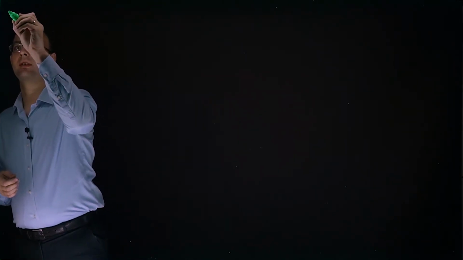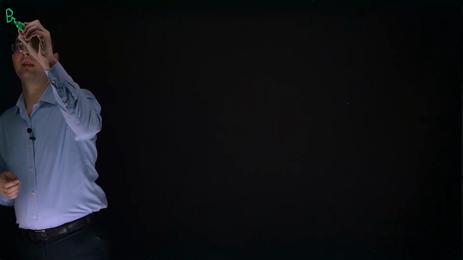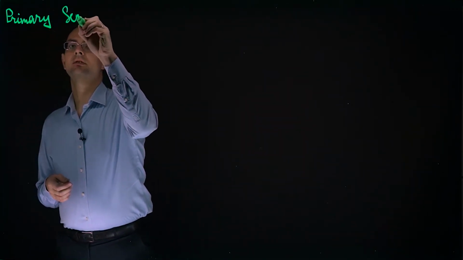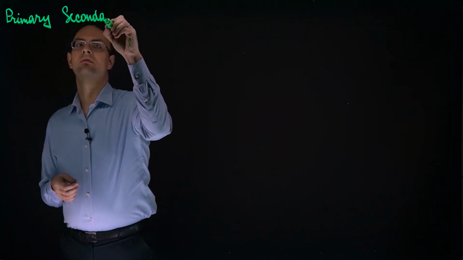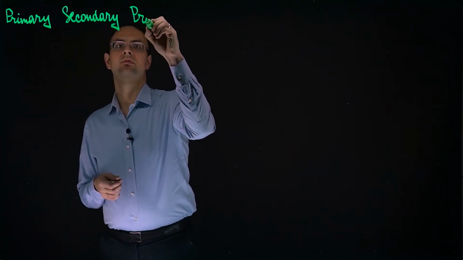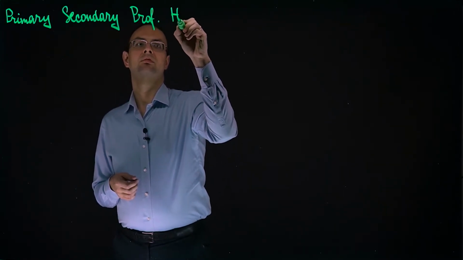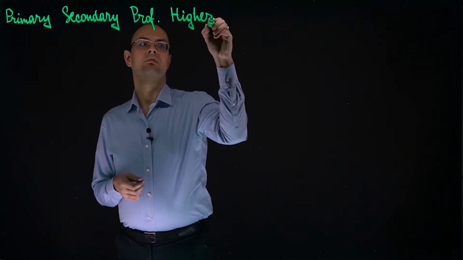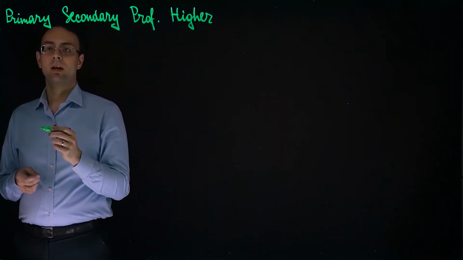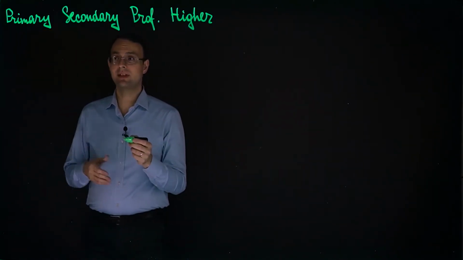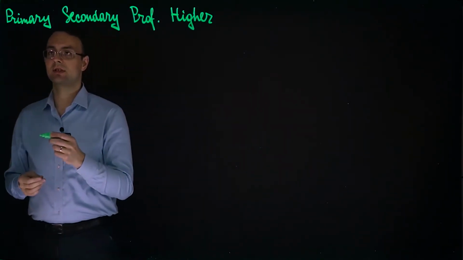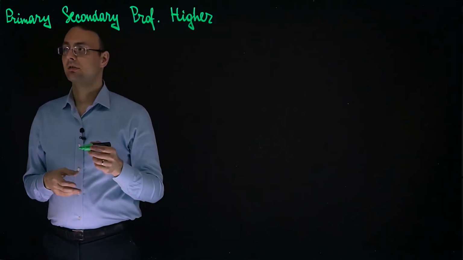So let us say that we have 4 levels of education: primary, secondary, professional, and higher. We have 6 random people with primary education, 6 with secondary, 6 with professional, and 6 with higher education.